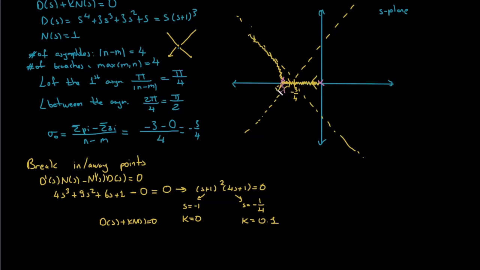And this is going to be the other branch of the root locus. They will be symmetric. And they will follow the asymptotes over here. And these are going to meet at a certain point, which is s equals minus 1 over 4, and then break away later. So then they will break away and follow the asymptotes. Okay. And this one as well.